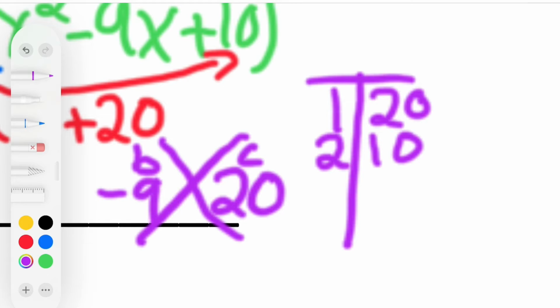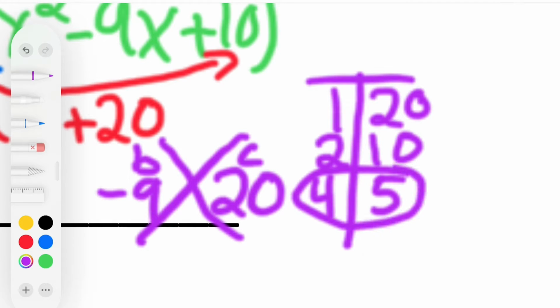Then can 3 go into 20 evenly? No. Can 4 go into 20 evenly? Yes. 4 and 5. And you can keep going, but again, you're looking for two numbers that multiply to give us 20, but also can add and subtract to give us 9. And that's going to be our 4 and our 5.